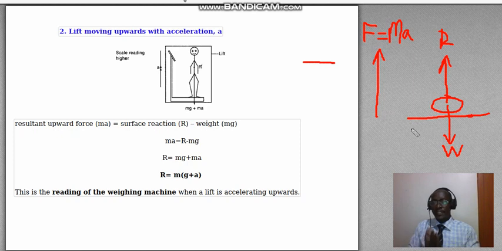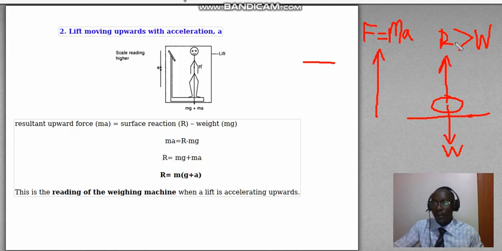And for us to get a net upward force, it means that the upward forces must be greater than the downward forces. And in this situation here, we see that the reaction here must be greater than the weight. So we have three terms here.